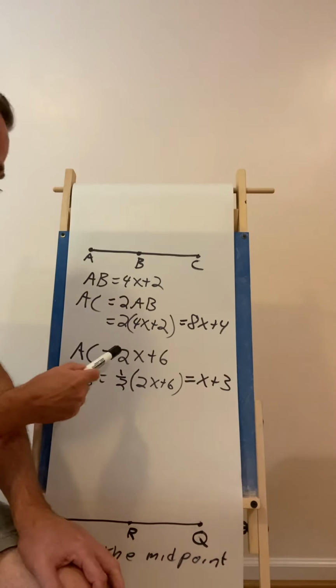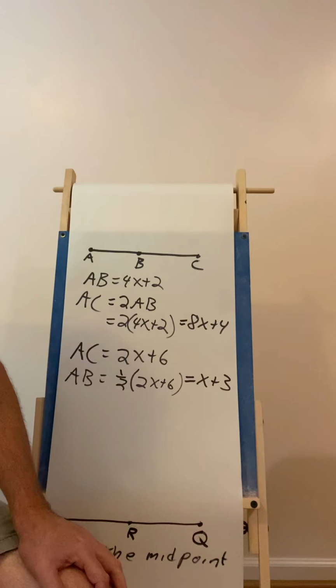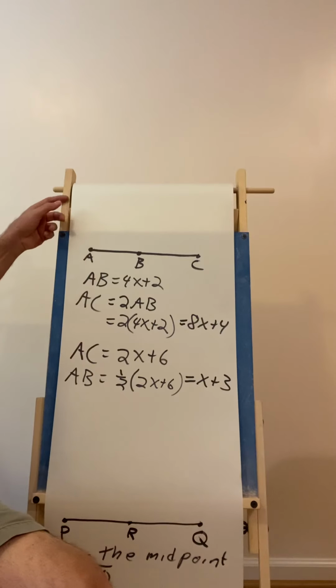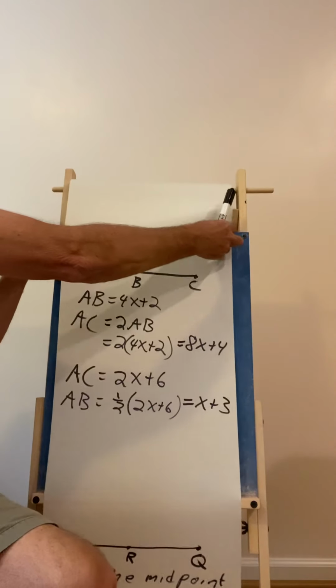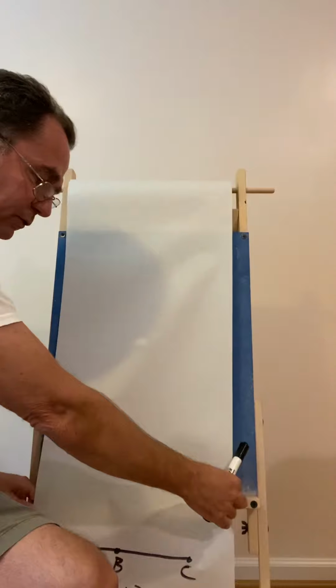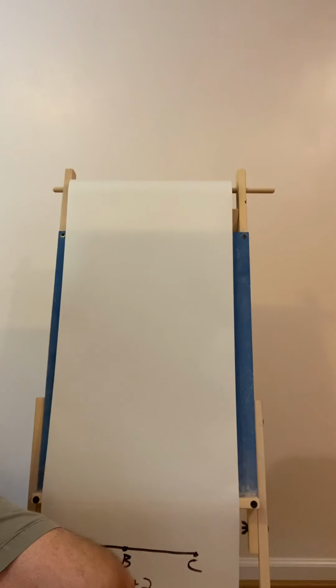If I had given you odd numbers, it's still doable, but we would end up with fractions. That's why I recommend that instead of using a half, let's use the 2 and double. All right, so let's do some algebra now.